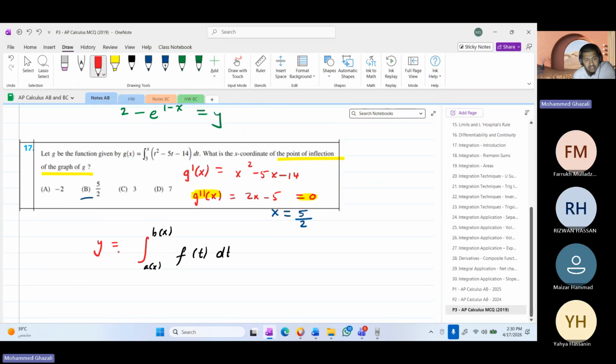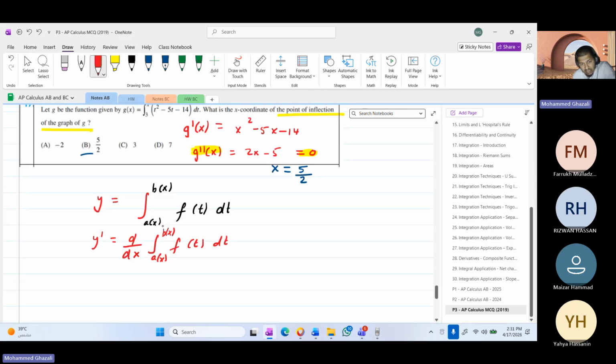Now, if I want to differentiate this integral, or find dy dx of this integral here, with these boundaries a of x and b of x, how will I differentiate it?